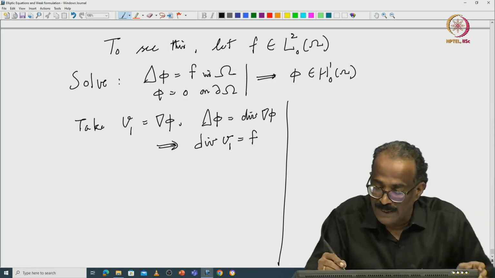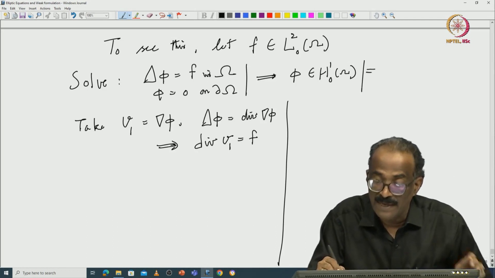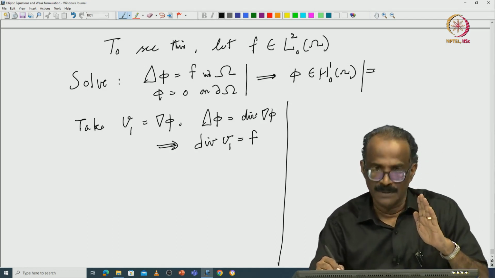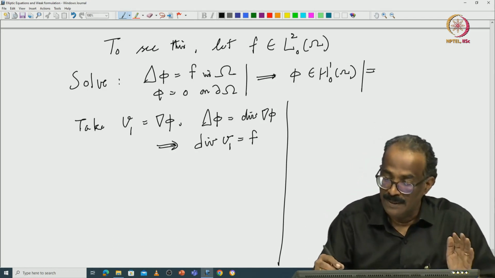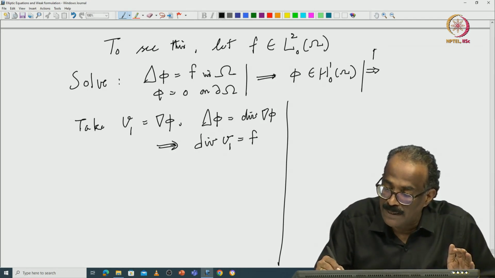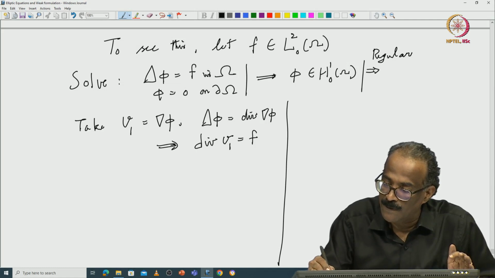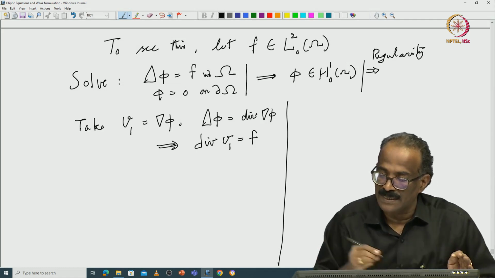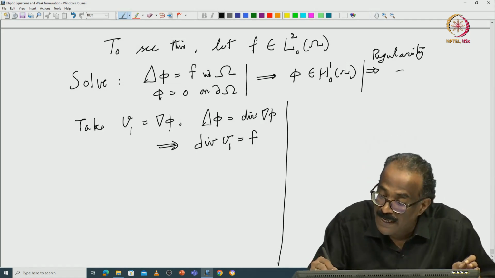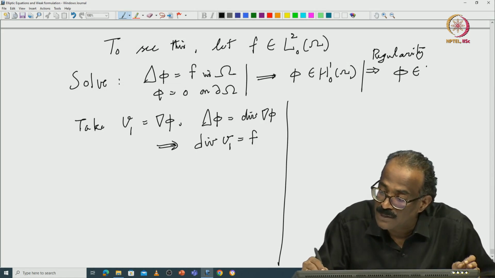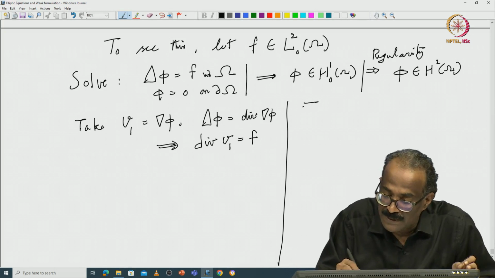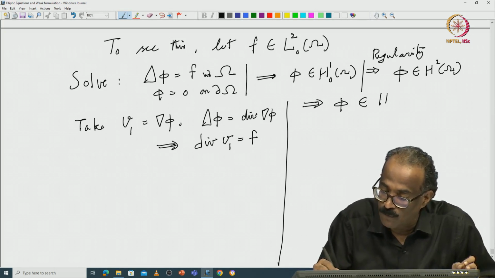By regularity, we can also give regularity results, which we have not proved yet. We are going to discuss regularity in the next class. We can actually prove that phi is in H2 of omega.